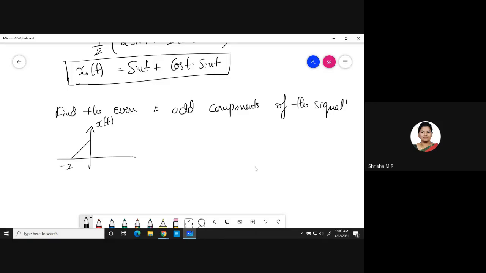From -2, the amplitude is 4, and up to 2, the amplitude is 4. This is the given signal. Try to find the even and odd components of the signal.